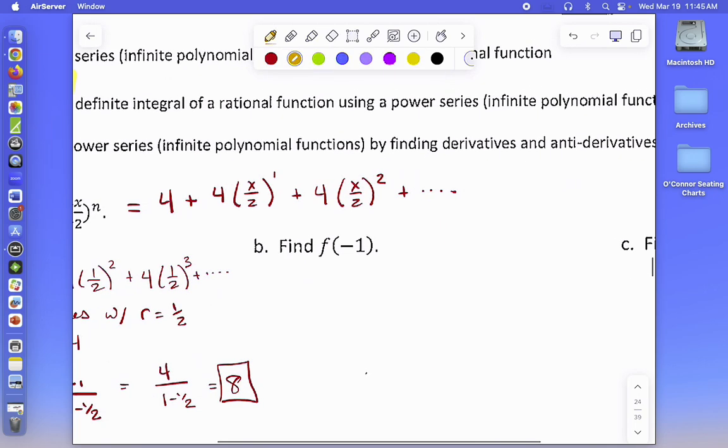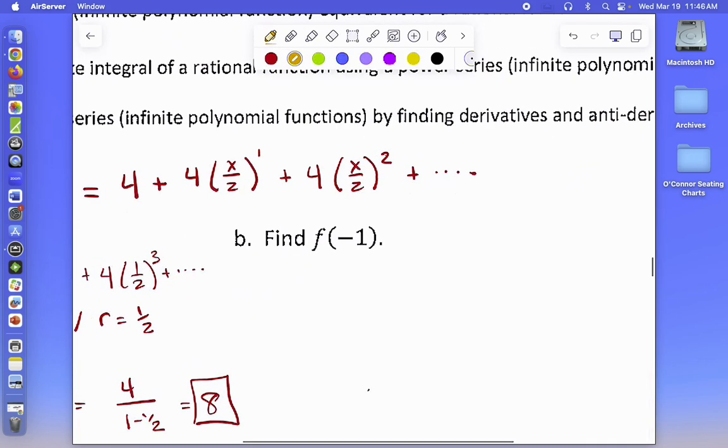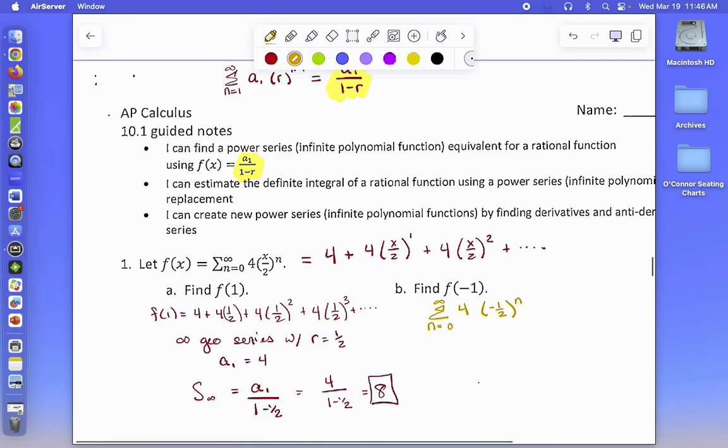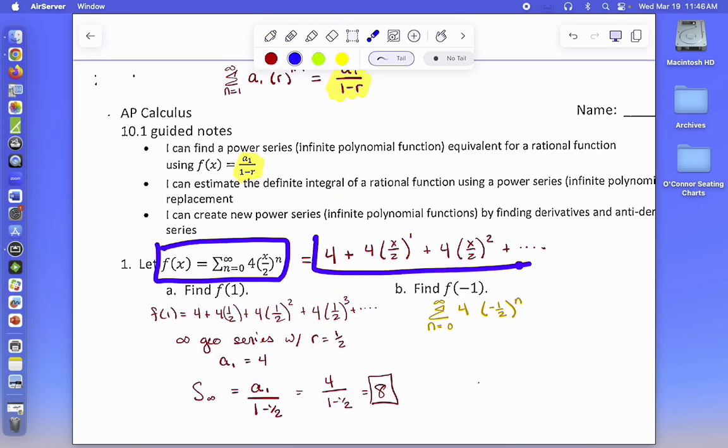Let's find f of -1. So this is going to be our infinite sum, n equals 0 to infinity of 4, and I'm plugging in my x, -1/2 to the n. I went back to the original definition of f of x. We said here that f of x equals the sum, and then I expanded the sum.